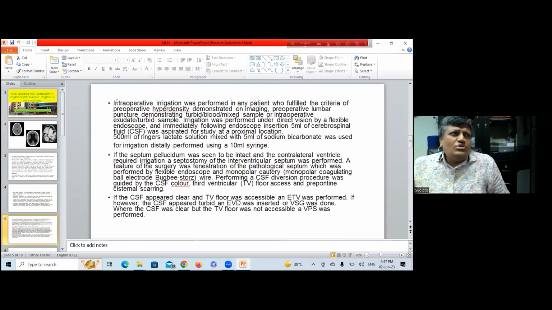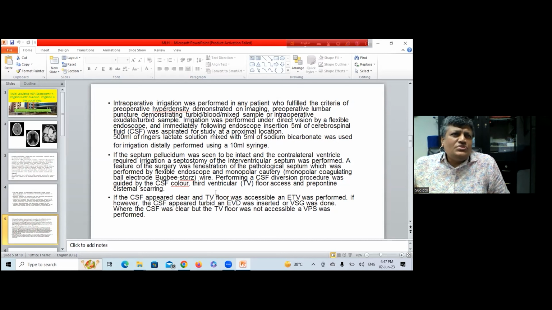We actually do intraoperative irrigation. That is the main message from today's talk. How do we give intraoperative irrigation? We make a fluid of Ringer's lactate, add some sodium carbs there, and make it warm.